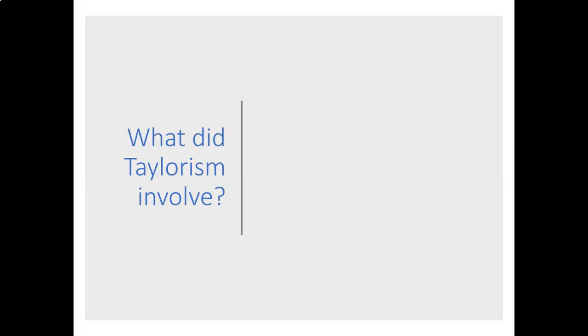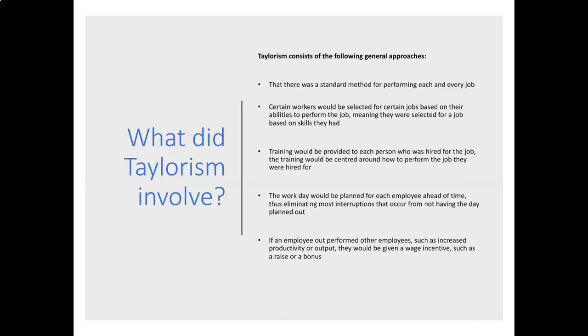This next slide tells us what Taylorism involved. Taylorism consists of the following general approaches: there was a standard method for performing each and every job. Certain workers will be selected for certain jobs based on their abilities to perform the job, meaning they were selected based on skills that they had.